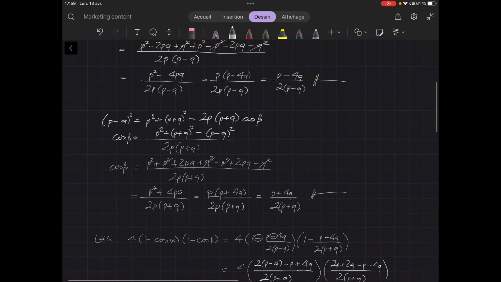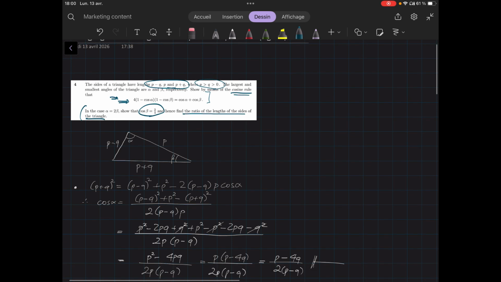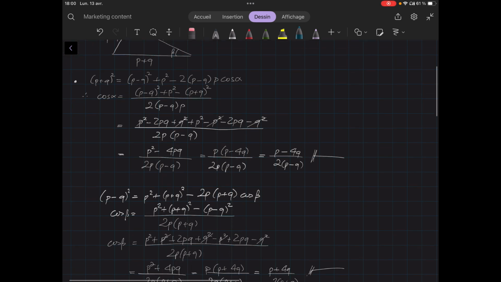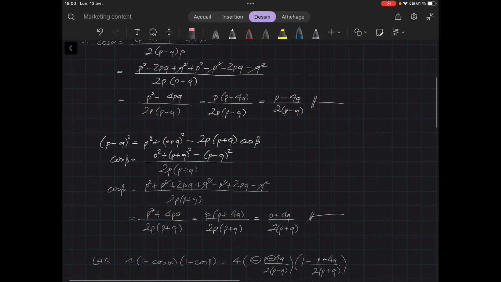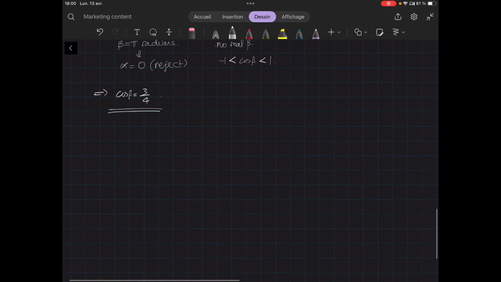Now, let's just tackle the last part of the question. Find the ratio of the lengths of the sides of the triangle. So we got an expression for cos of beta earlier. We need to set this equal to 3/4.